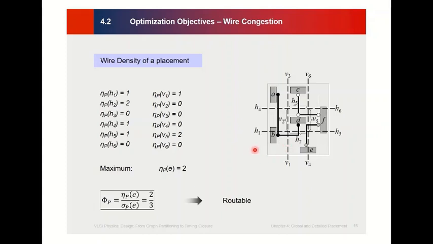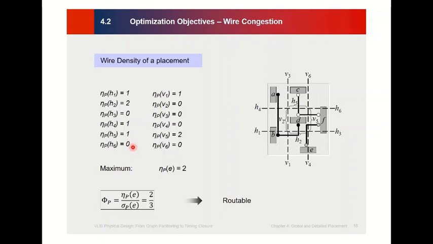So in this case, for cut H1, we have only one wire that needs to be routed through the H1 cut. Similarly, for H2, for this implementation we require two, one here and another one here.